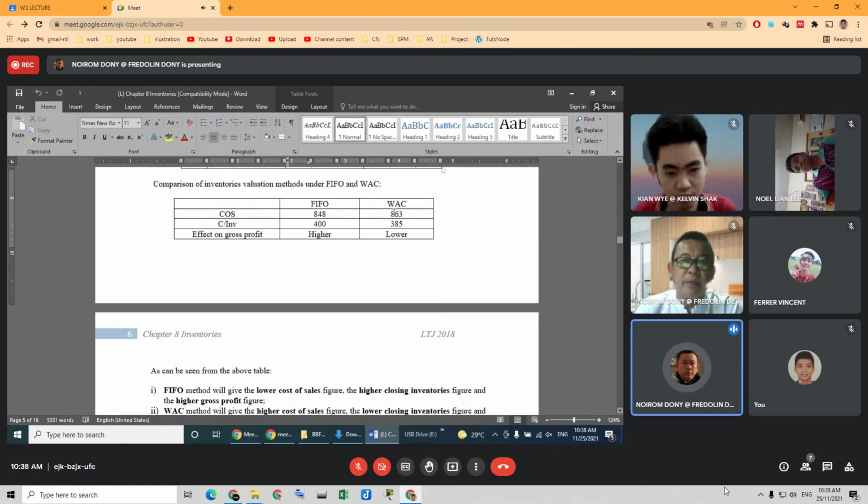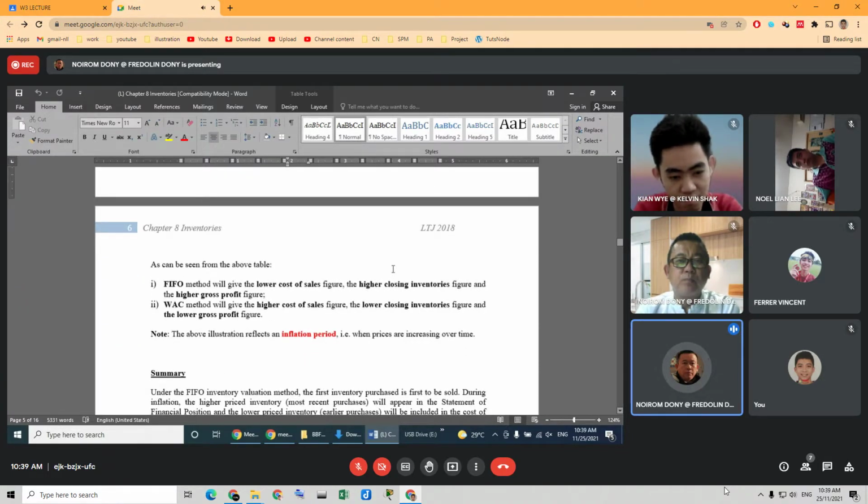But weighted average, because we are doing averaging, the cost of sales will be a little bit higher from first in, first out. So thus, the closing inventory will be much more lower than the first in, first out. And the gross profit, okay, will be lower in weighted average comparing with first in, first out.